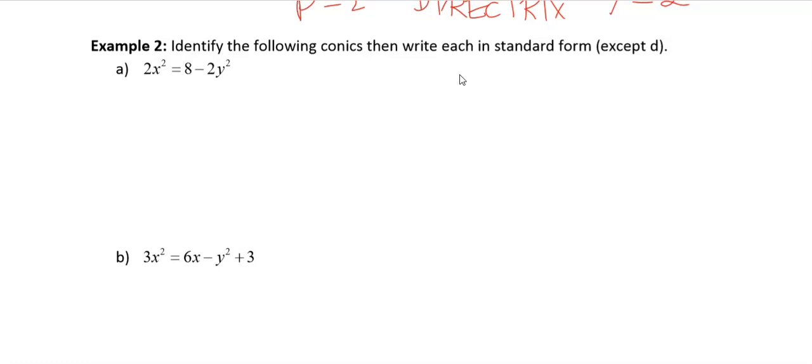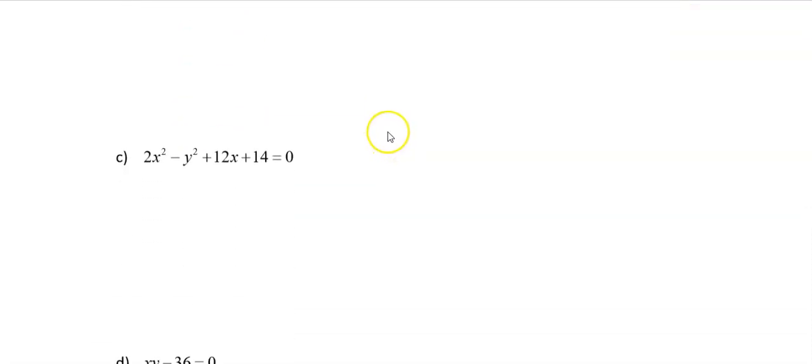In the first one, you probably should bring that negative 2y squared over to the left side. In the second one, I'll tell you what, throw everything over to the left side. Well, except maybe the 3. You probably leave the 3 on the right. But throw everything to the left and see what you get. What kind of a shape will you get?